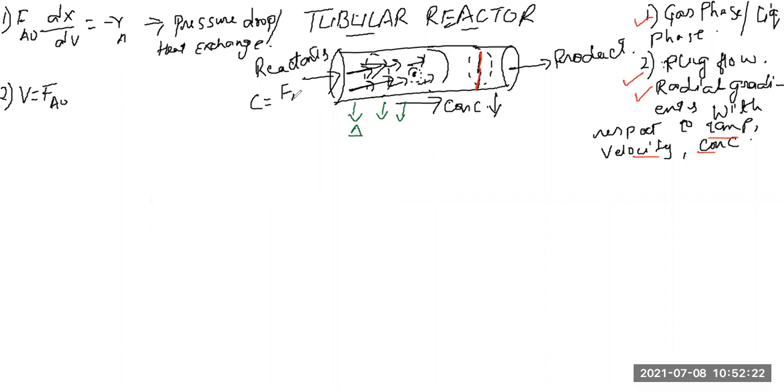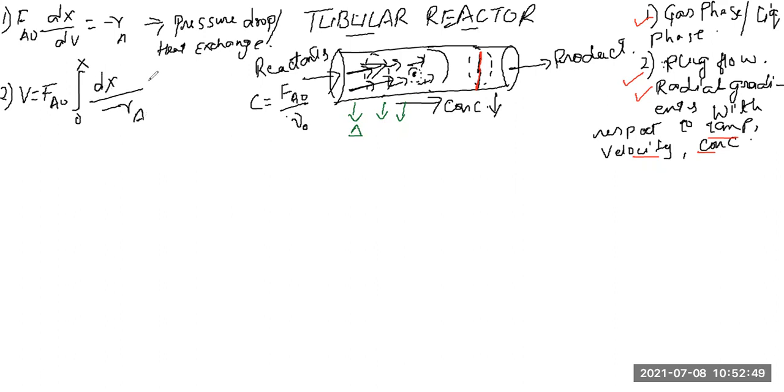So in place of number of moles, we have FA0, the molar flow rate, and nu zero, the volumetric flow rate, which is the rate of volume passing through this point. So V equals FA0 integral from 0 to X, where X stands for conversion, of dX upon minus RA.